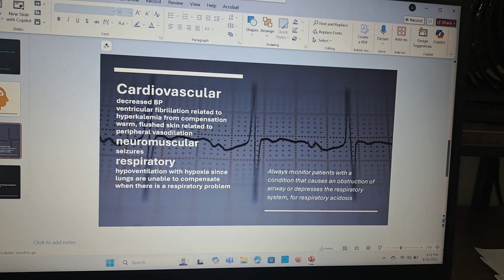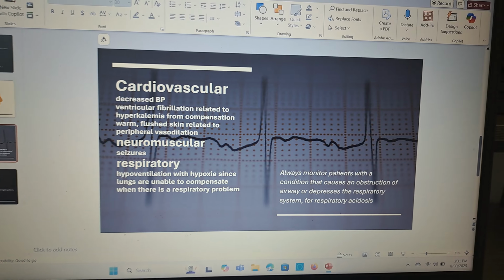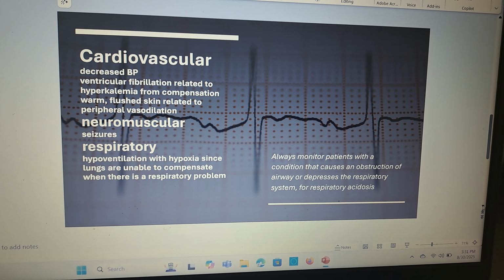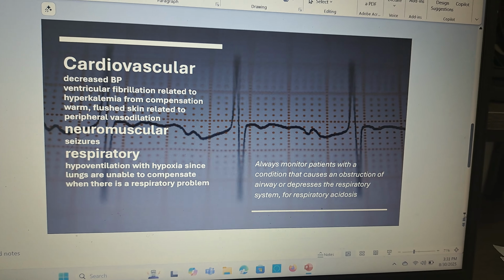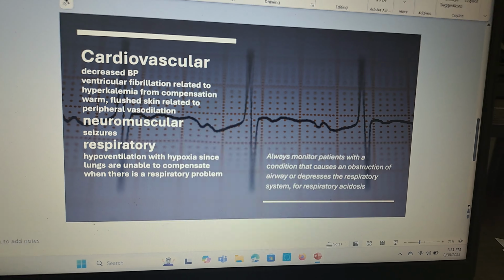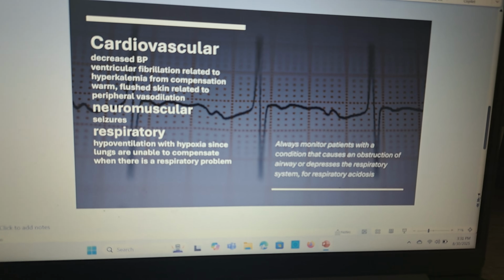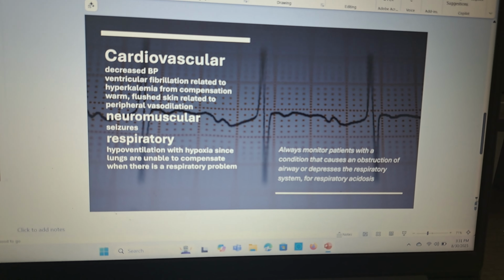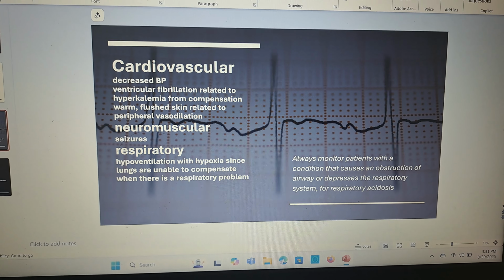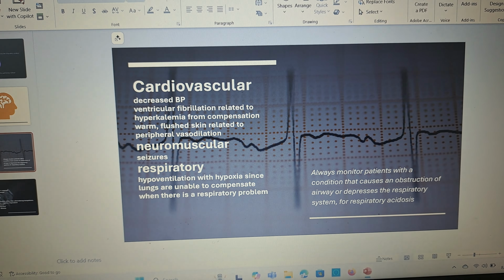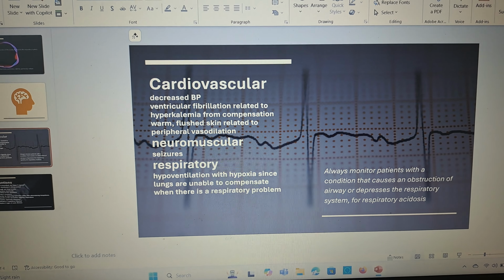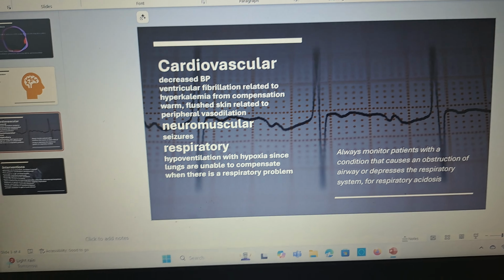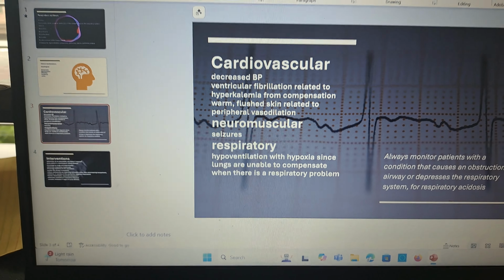The next one is cardiovascular. There will be decreased blood pressure and some arrhythmia also, especially ventricular fibrillation. In all acidosis, including respiratory and metabolic acidosis, potassium will be high because of the exchange. When hydrogen ions go into the cell, the potassium ion comes out.